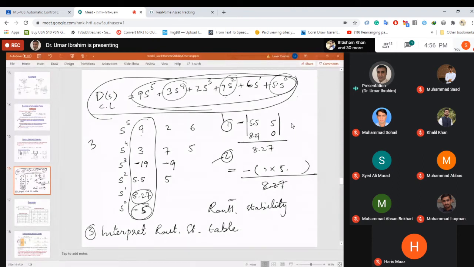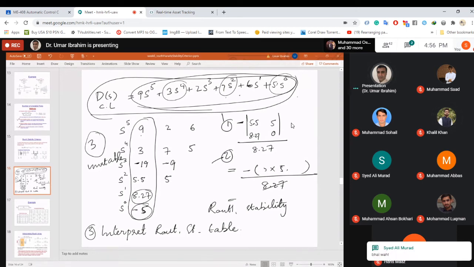What is the degree of this characteristic polynomial? 5. So how many poles will this closed loop transfer function have? 5 poles. Now I can tell you that out of these 5 poles, 3 are unstable. Means 3 of the poles are in the right-hand plane. Okay? Yes sir, clear.